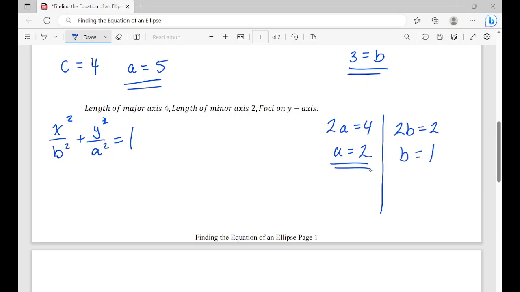Now that we have a and b, we can just plug it into our equation. So x squared over b squared, which is just 1, so we can just leave it as x squared, plus y squared over a squared, so it's going to be 4, equals 1. So this is the equation for this ellipse.